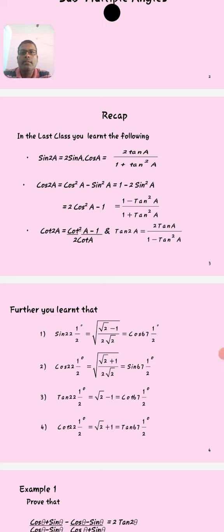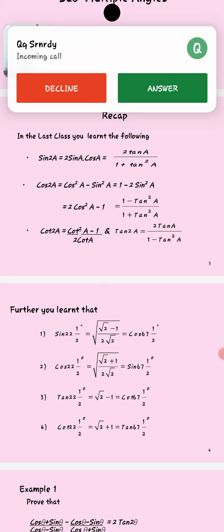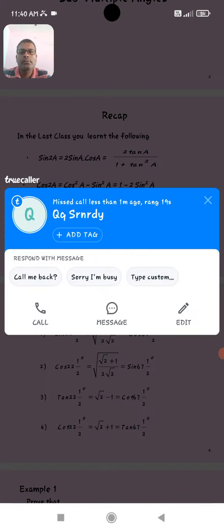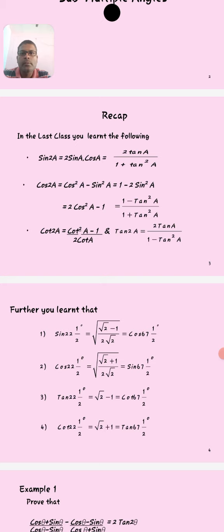In the last class, you learned the following. What is the sin 2A formula? 2 sin A cos A. Sin 2A is equal to 2 sin A cos A, which is also equal to tan A divided by 1 plus tan square A. What are the formulas of sin 2A?